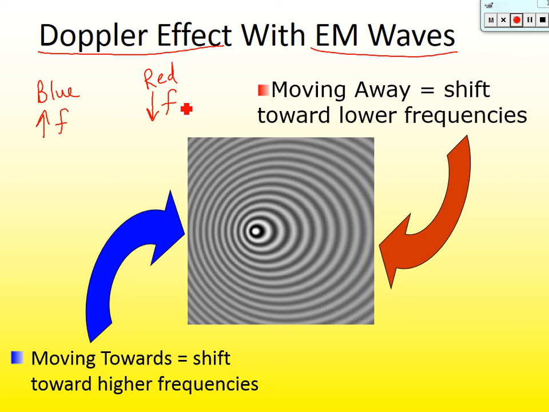So it's moved a little bit closer to the blue. Is that object coming at us or going away from us? It's coming toward us. So if something experiences a blue shift, it's because it's coming at us.